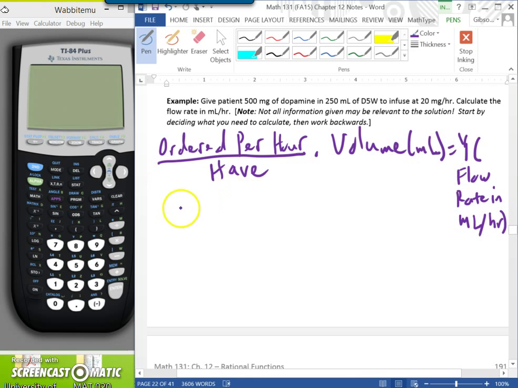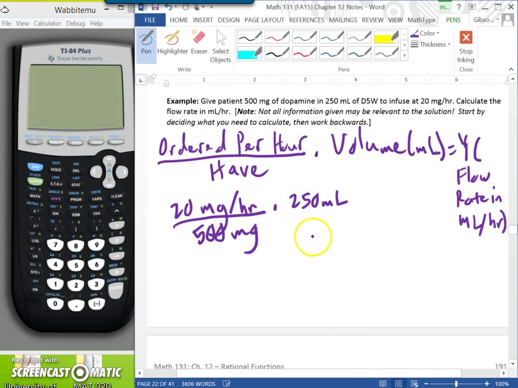Okay, so now we have the order per hour. We have the 20 milligrams per hour, all over 500 milligrams, because that's what we have. Then multiply by 250 milliliters, and then we will put this over 1.